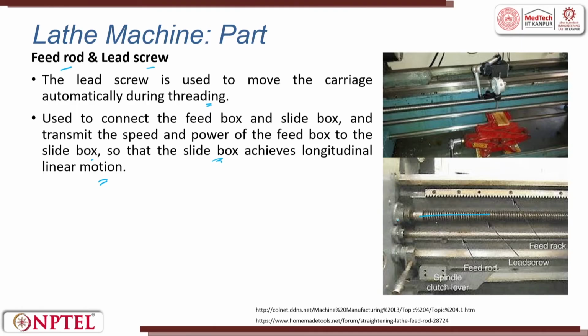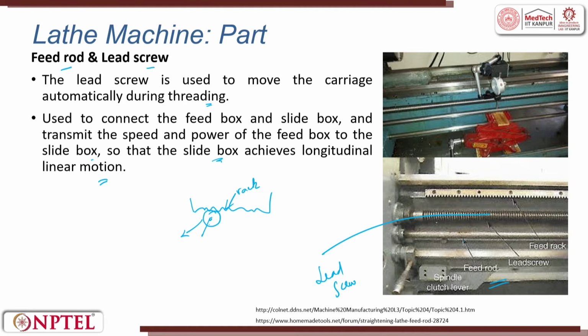So, this is the lead screw, and this is the feed rod, and this is the rack which I was trying to tell you about. When you have a rack and pinion, this is a rack, and the carriage will be mounted to a pinion.